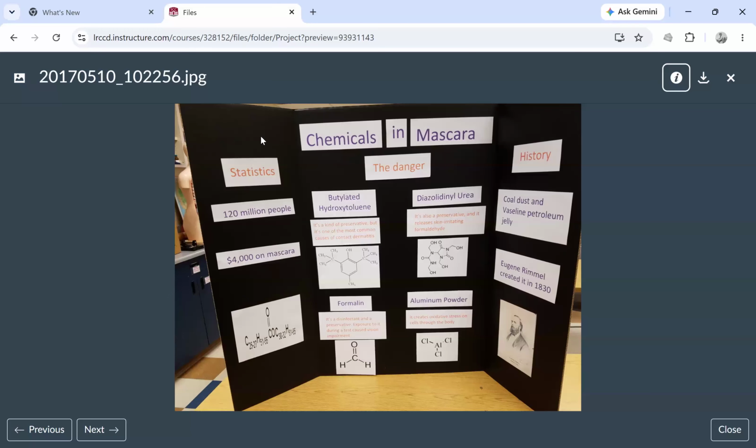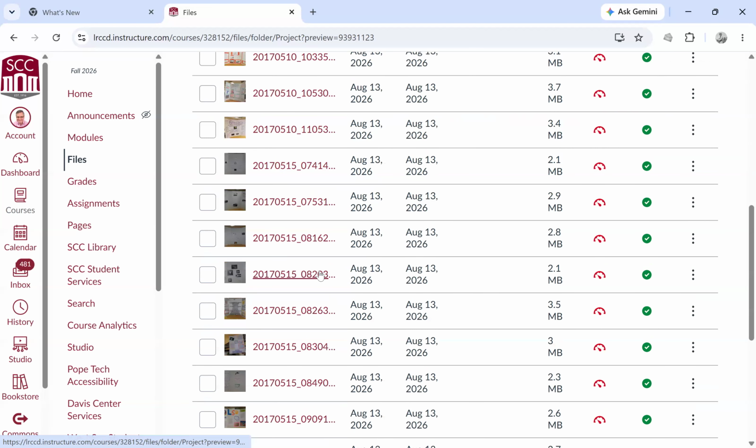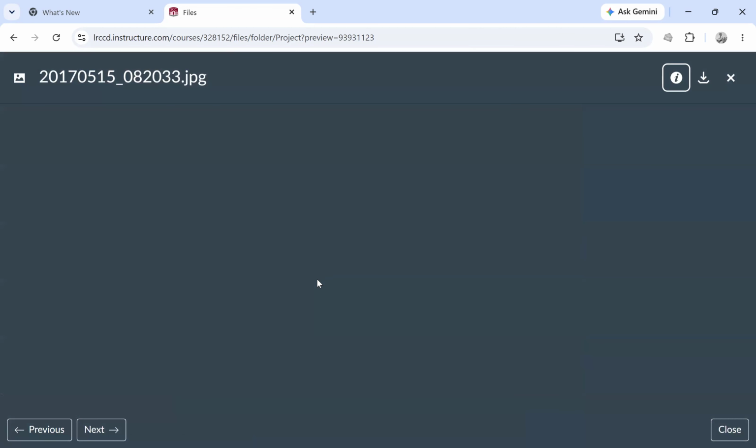Try to get a black poster also, because everything pops with a black poster. Otherwise, it's white on white, and this is on mascara. There's nutritional stuff you can do.